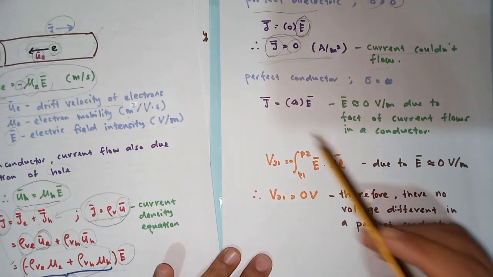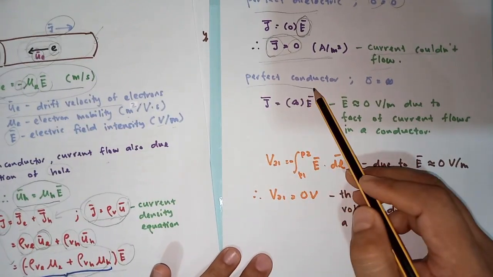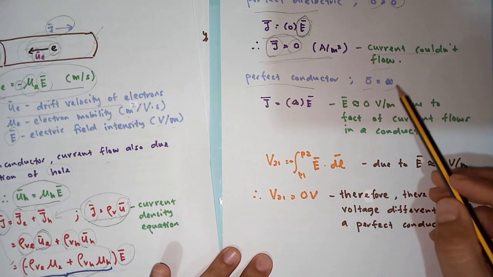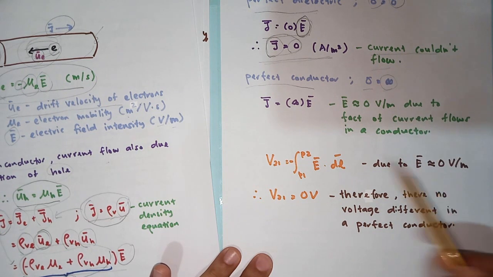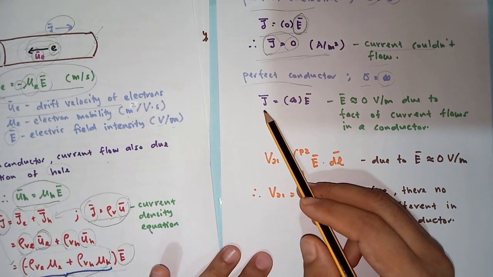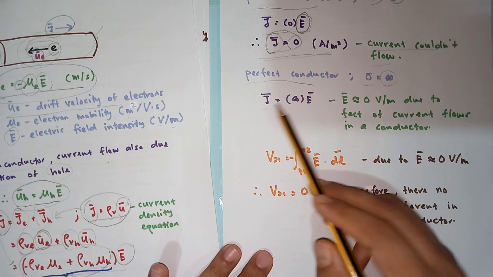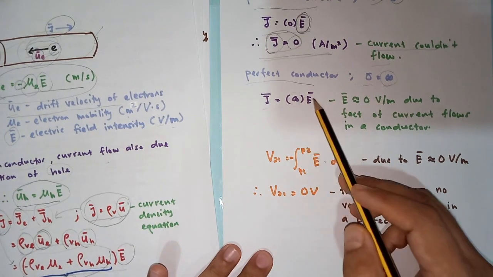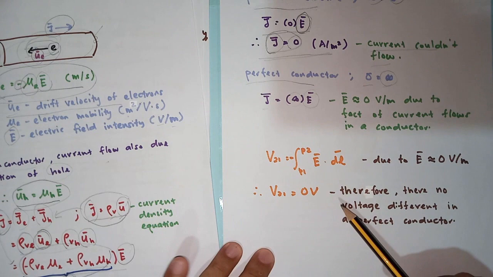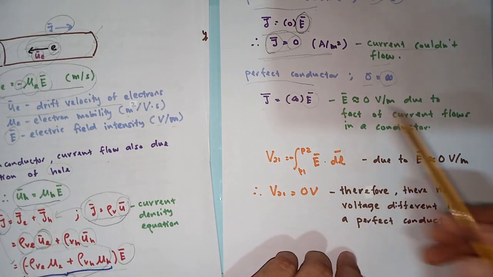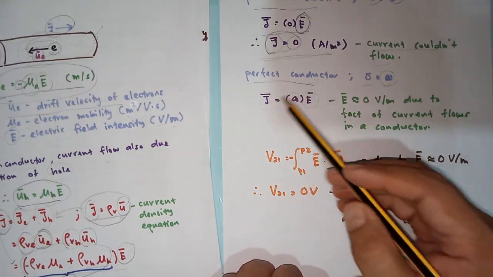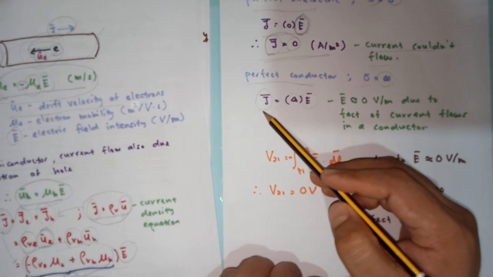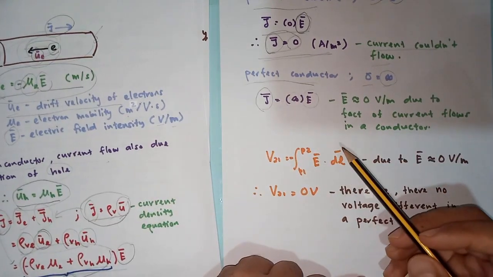So let's consider the case of a perfect conductor, where sigma is equal to infinity. We have the same equation governed by Ohm's law, so J is equal to infinity multiplied by the field that is applied. In this case, because it is a conductor, we might have a certain value of current flowing inside that material.